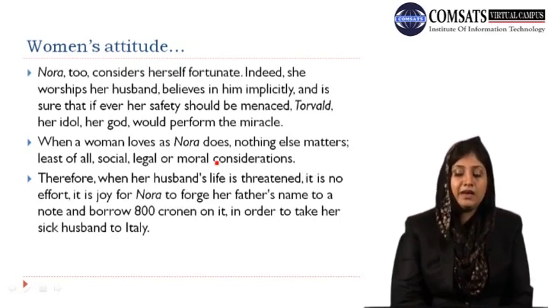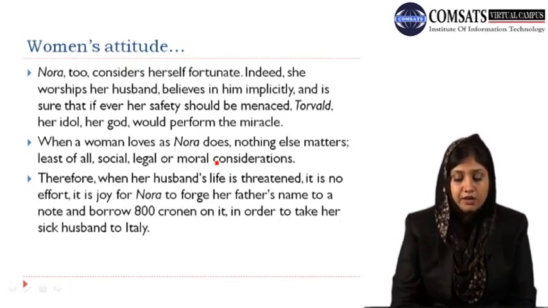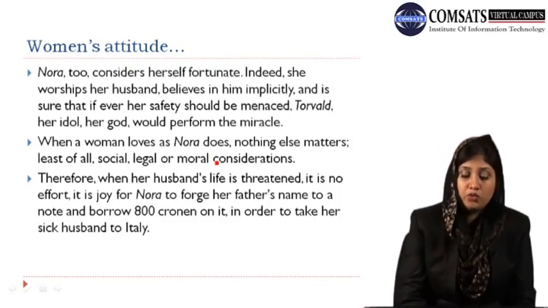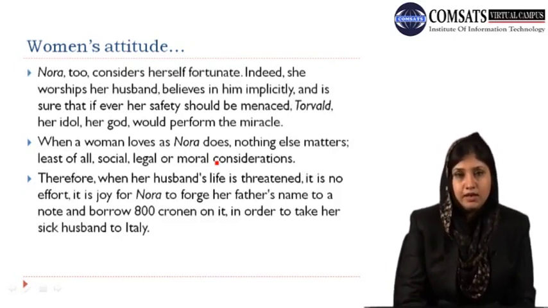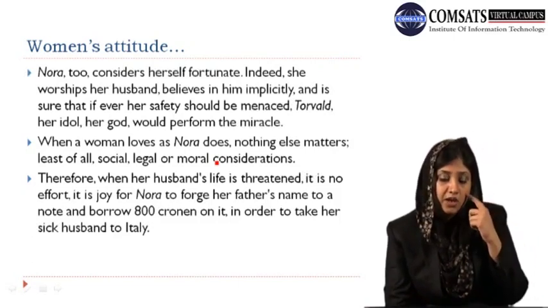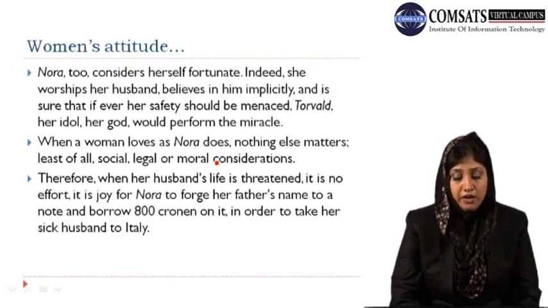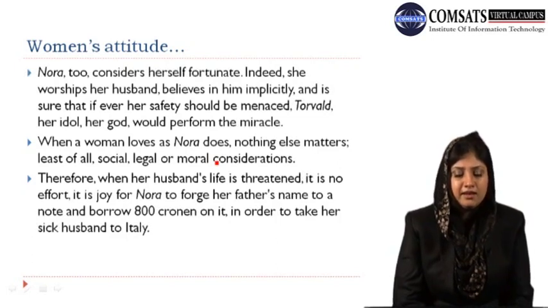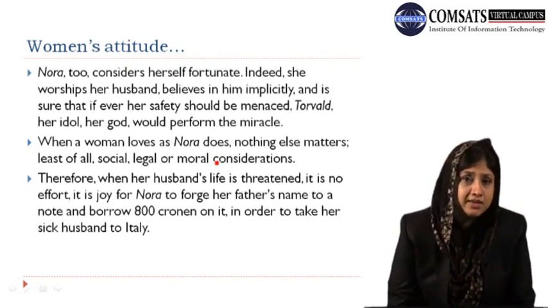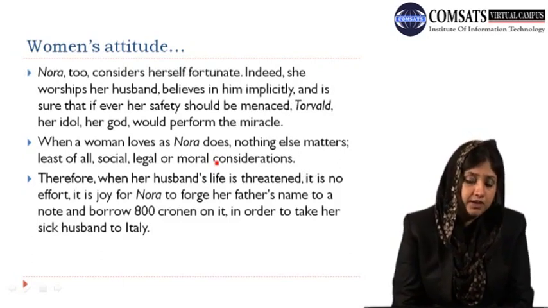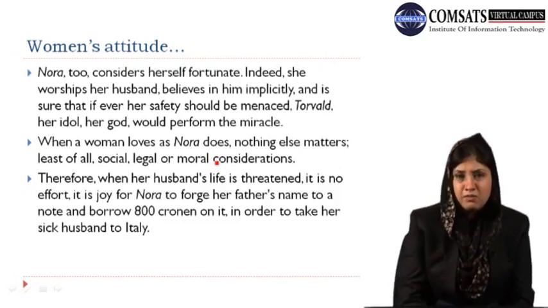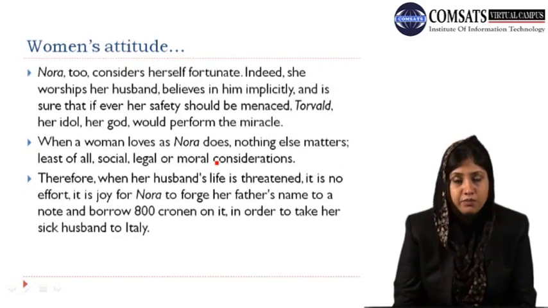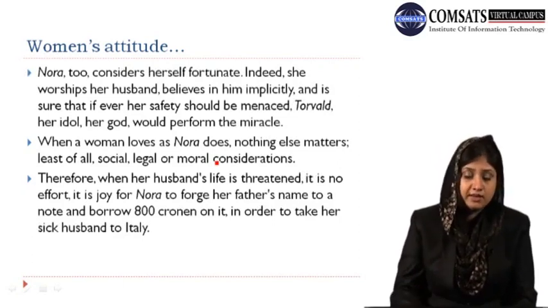Therefore, when her husband's life is threatened, it is no effort, it is joy for Nora to forge her father's name to a note and borrow 800 kroner, Norwegian currency, on it in order to take her sick husband to Italy. So instead of thinking of this as a crime, that she forged her father's signature, in fact this was a matter of joy, rather pride, for Nora, who can save her husband's life by doing this act.